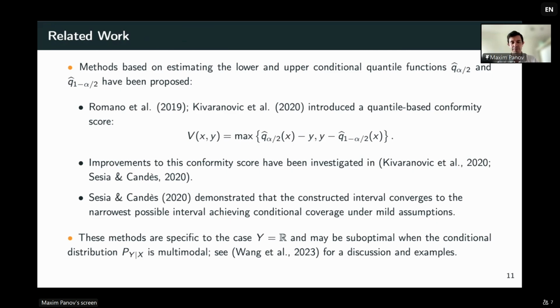In particular, it was shown by Sesia and Candès that the constructed intervals converge to the narrowest possible intervals under mild assumptions. What is a little bit problematic about these methods based on quantile regression is that they are pretty much focused on the one-dimensional case. So we consider regression in one dimension, and in the case of a more complex distribution in the Y space, they might not work.